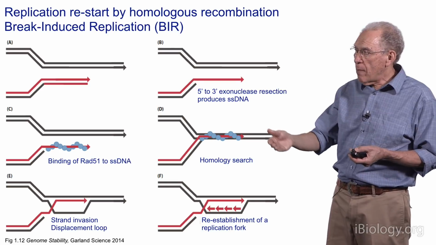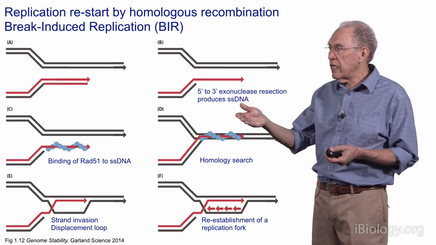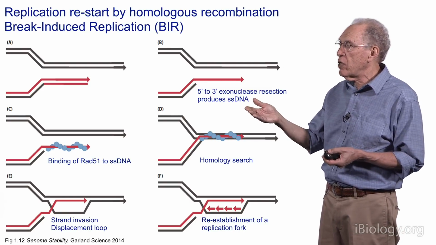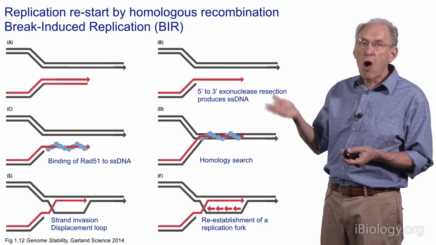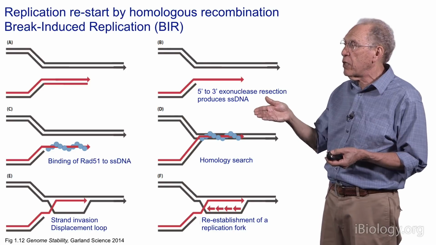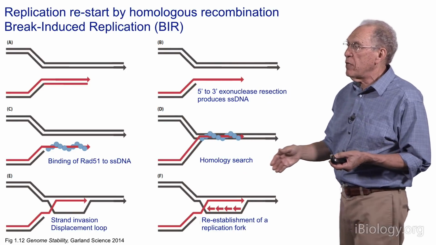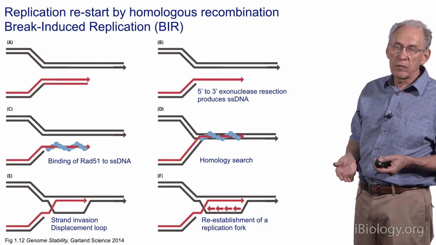And this recombination protein forms a filament on the single-stranded DNA and then does this incredible step of locating elsewhere in the genome homologous sequences with which it can make those alternative Watson-Crick base pairs to recognize the template, as illustrated on the lower left. And this base paired intermediate then serves as a place where replication can be restarted.